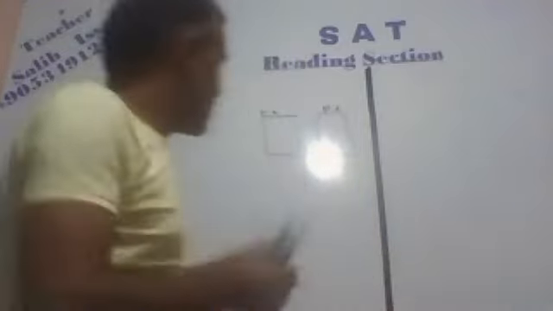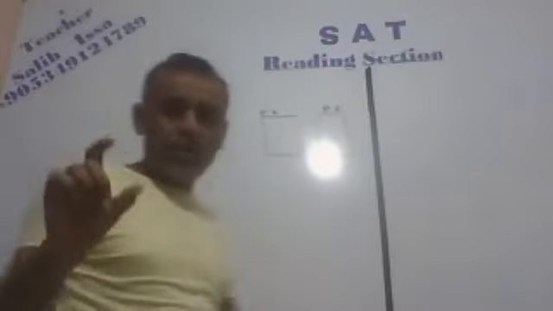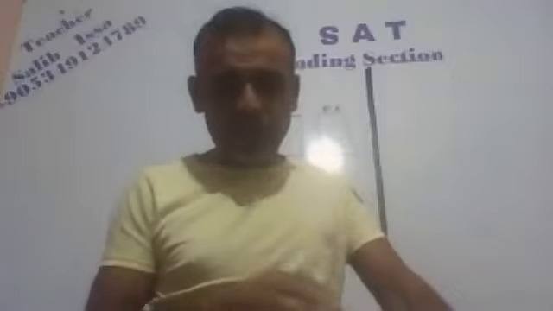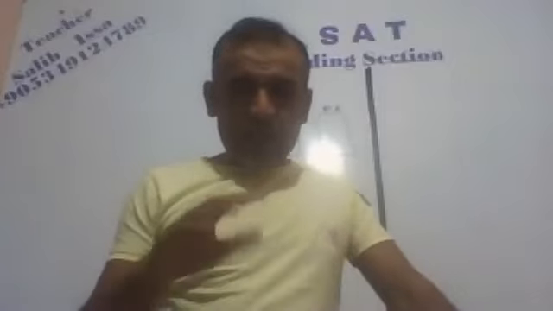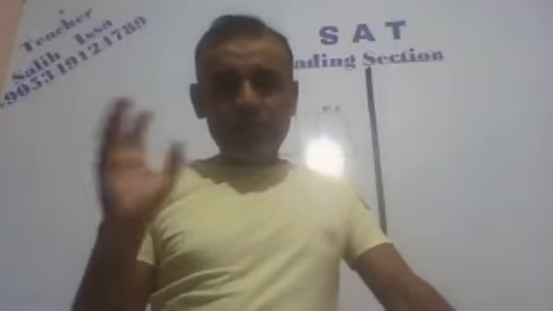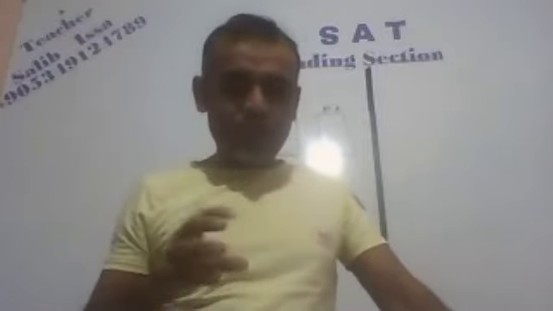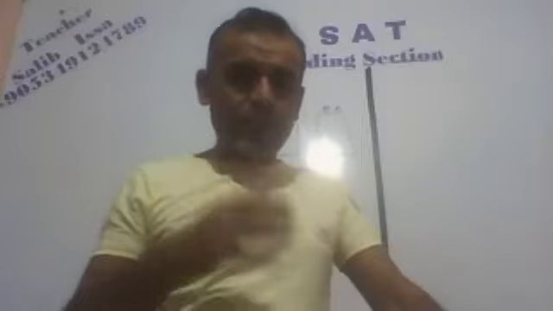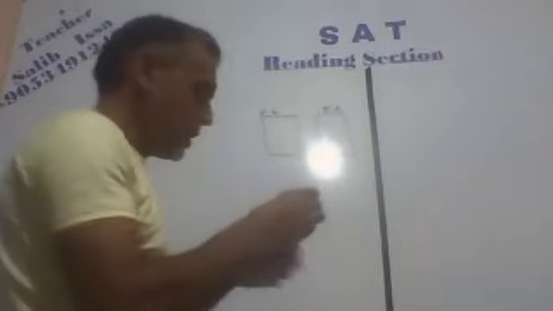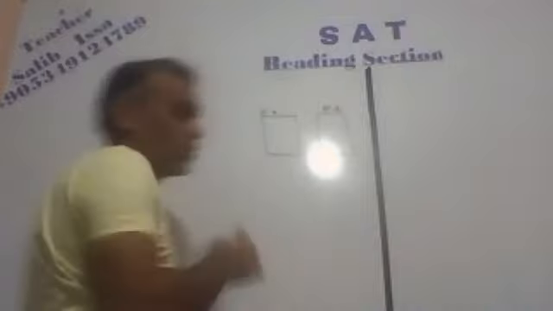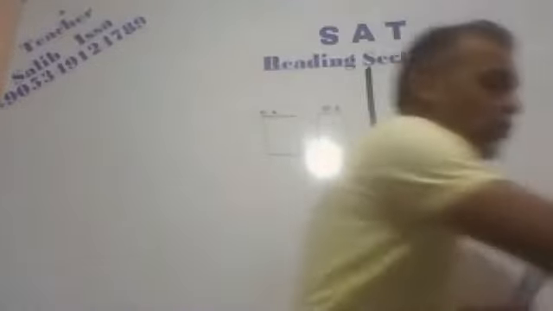Every passage in the final exam about the paired passage is small, not so long. It's the same thing as I did in the last lessons. We start with a blurb for the two passages.